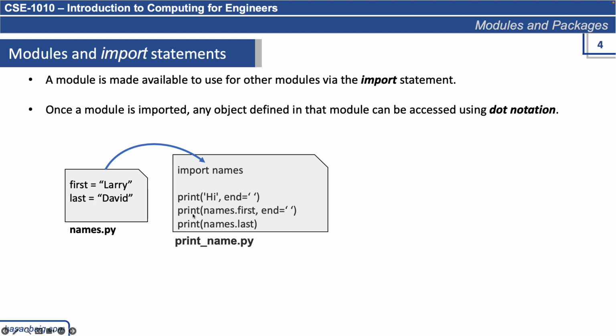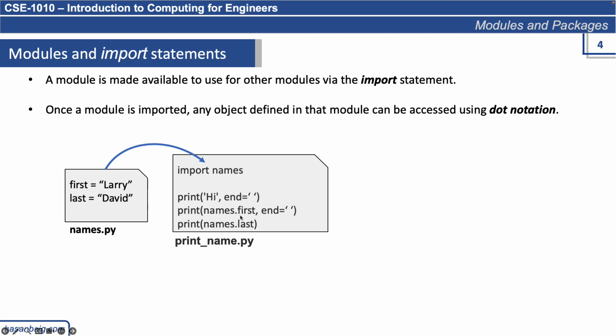And then what we are printing next is the value of the variable first, which is defined in names.py. How we can access that value is, first of all, write the module name that we are importing, which is names, and with the help of dot notation we can access anything defined in the module that is being imported, whether it be a variable, a function, a class or whatever.